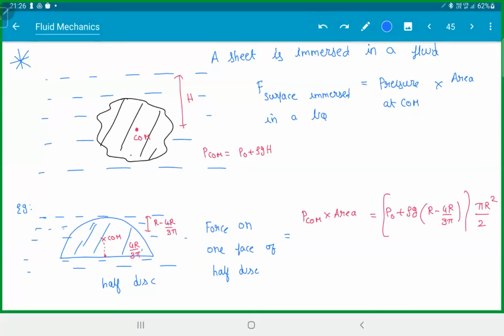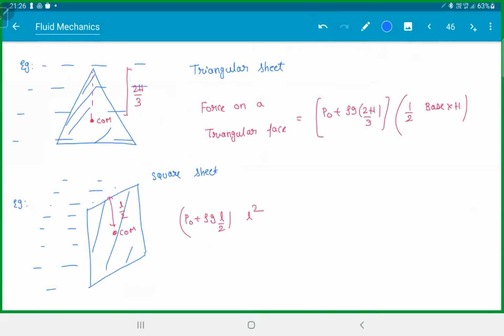But generally, they'll give you something whose center of mass you know, or else you can't solve it anyway. Are you all sure with the examples? The only condition is that it is valid only if the pressure varies linearly or is constant. And it only works for force.